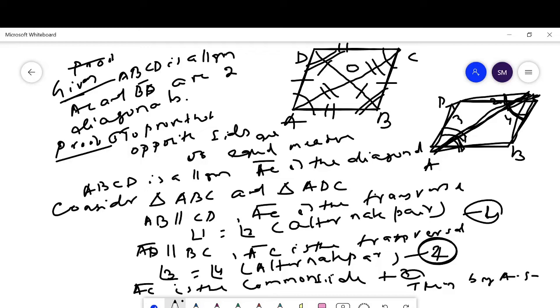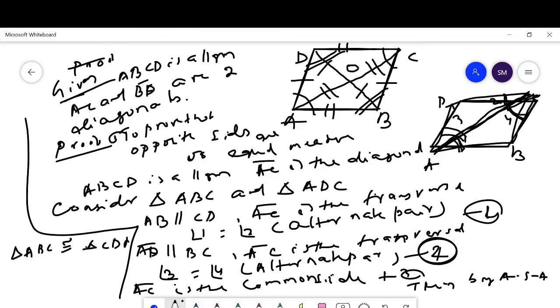triangle ABC is congruent with triangle CDA.